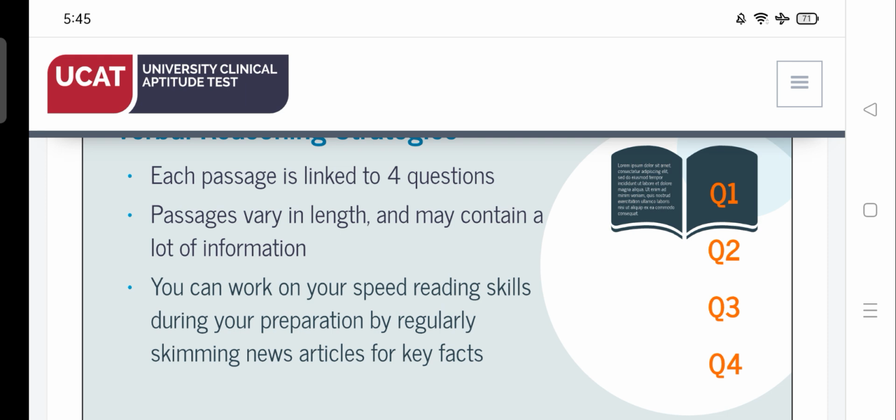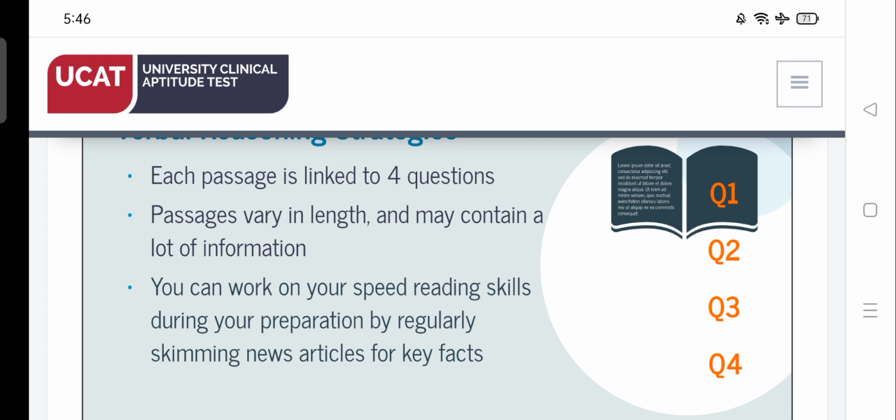You can work on your speed reading skills during your preparation by regularly skimming news articles for key facts. Okay, now in this section, each passage is given and 4 questions are linked to that passage. Passage may vary in length, it could be short, it could be long, and it contains a lot of information.